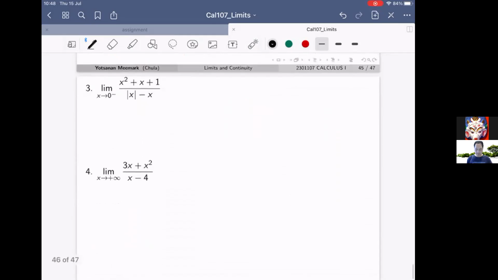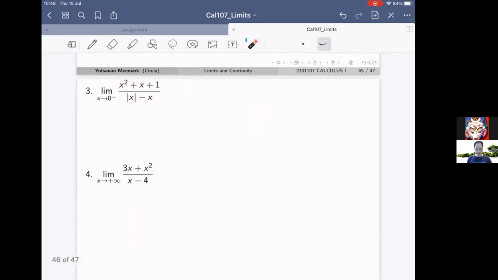So how about this one? Again, as you plug in 0, everything will be like 1 over 0, right? So it will be infinity somehow. And here don't forget that we have the absolute value, and the absolute value is x if your x is non-negative, and negative x if your x is negative.